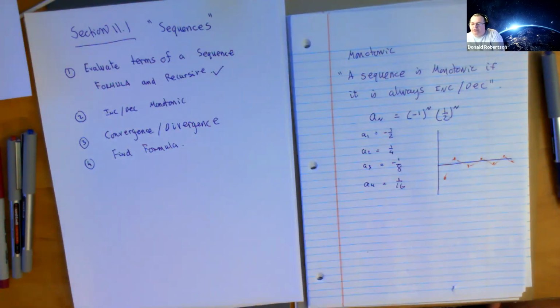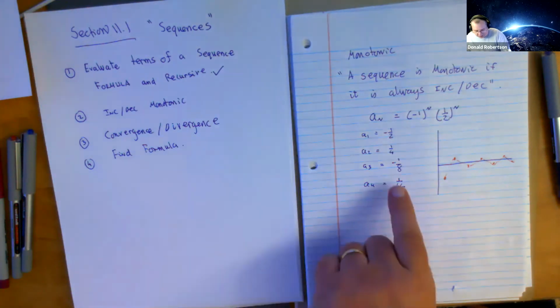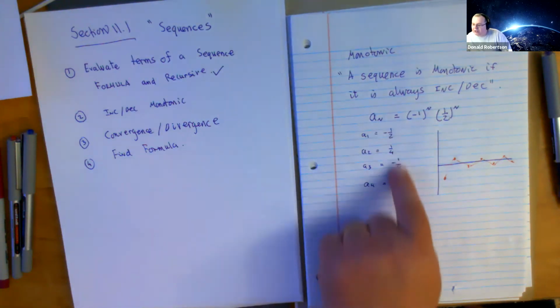So increasing and decreasing doesn't necessarily mean that just because you're monotonic that you're going to converge to something, or just because you're monotonic means that you're going to diverge, or not being monotonic has any influence on it. I can create equations that jump up and down like this, but get bigger.